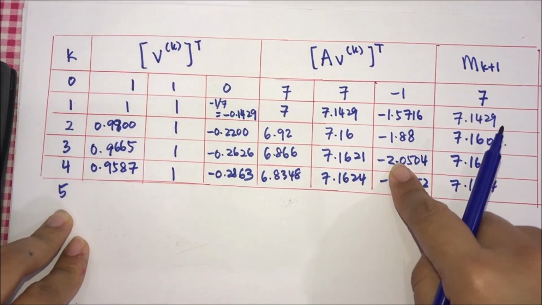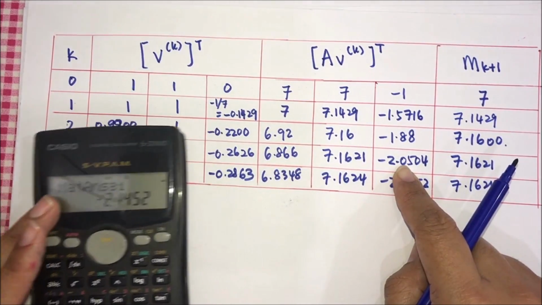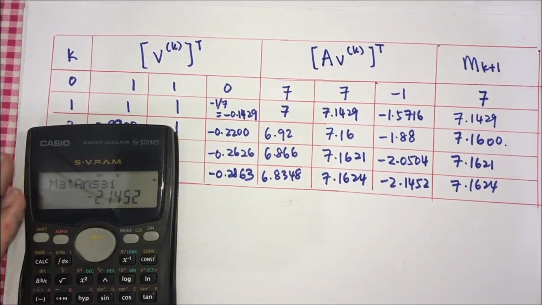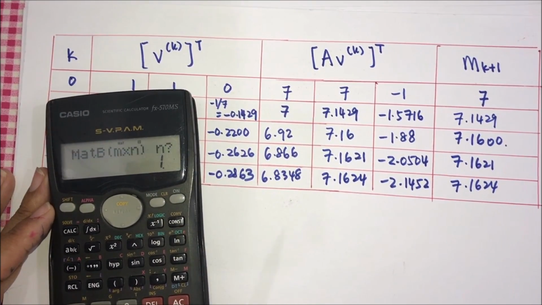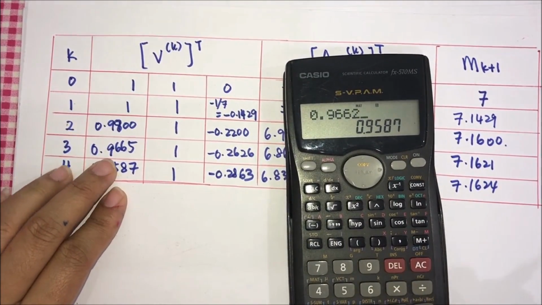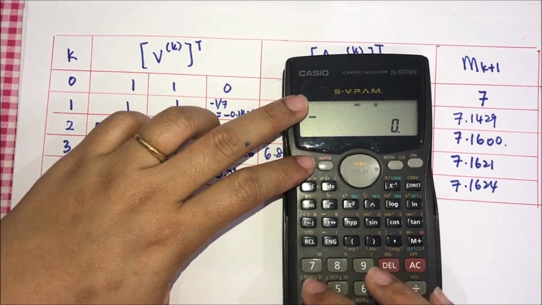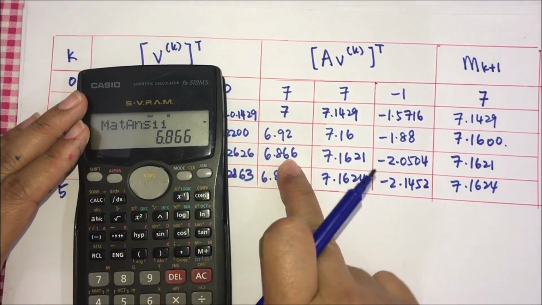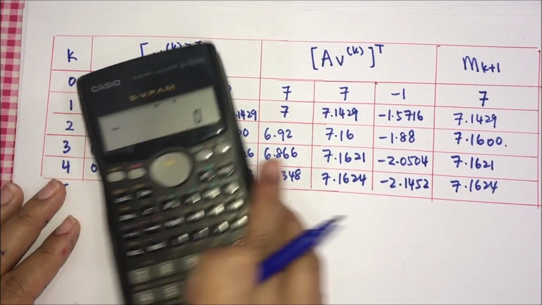Is there something wrong with this value? Let me go back, because mine is a bit different from the book. We try to do this one again. Matrix A times matrix B, because I get a difference from the example in the book.